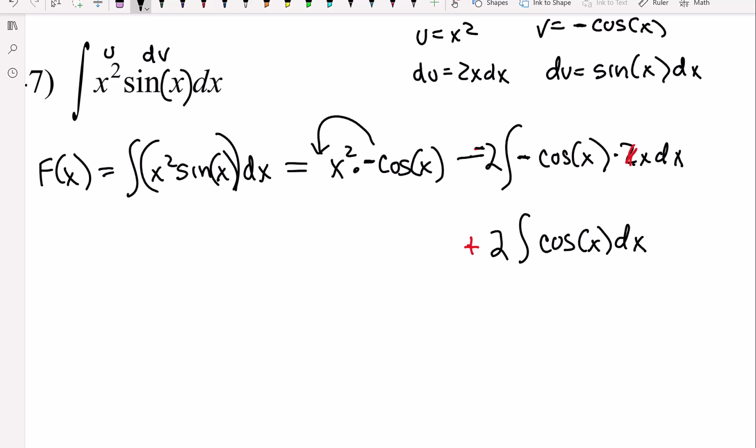So now we just have, well, the antiderivative of cosine, this becomes sine. All right, so let's bring everything else down.